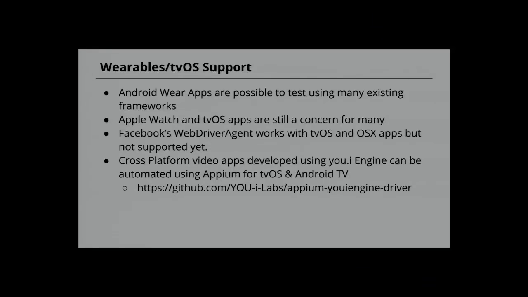The UI engine team provides an SDK to develop a cross-platform application, mainly for tvOS, Android TV, and they support Amazon TV on the Android platform. So what they did is they created a node wrapper to automate their applications on top of Appium APIs.